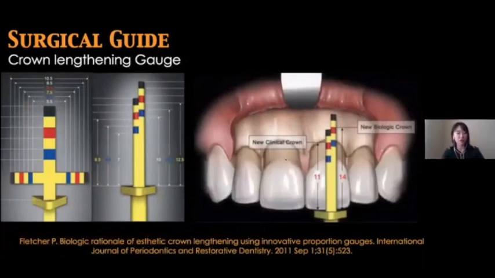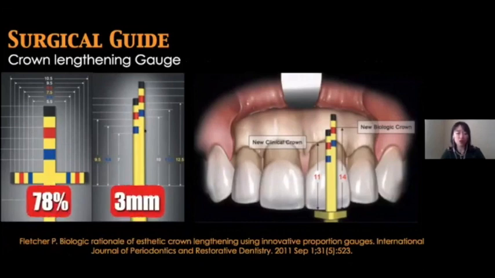It's called a T-bar, and the I-bar, invented by Dr. Stephen Chu and Dr. Fleischer. As the T-bar I mentioned before is to determine how much crown width-length ratio you want to give to the patient. And this actually guides you on how much bone reduction you need to do. For this tool, the ratio here is 78%, and the osseous reduction here is 3 millimeters.